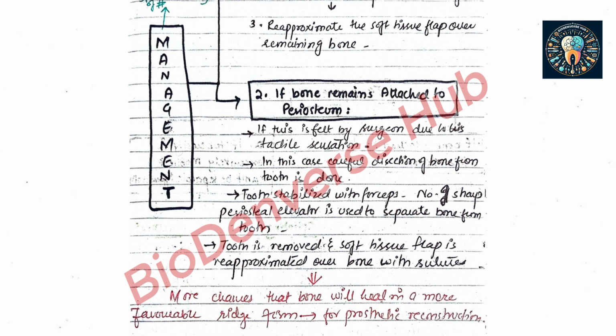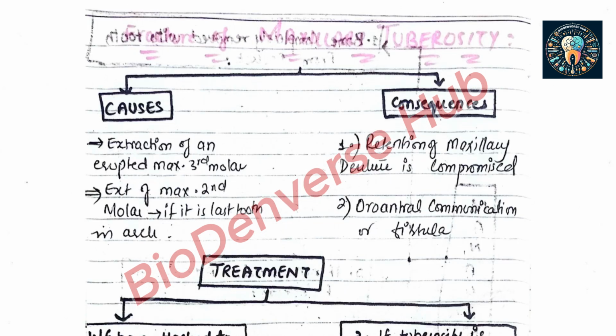Now we will be studying the fracture of the maxillary tuberosity. Same, we need to study the cause, the consequences, and then the management protocol. So what are the most common causes of the fracture of the maxillary tuberosity? Extraction of the unerupted maxillary third molar or extraction of the maxillary second molar if it is the last tooth in the arch.